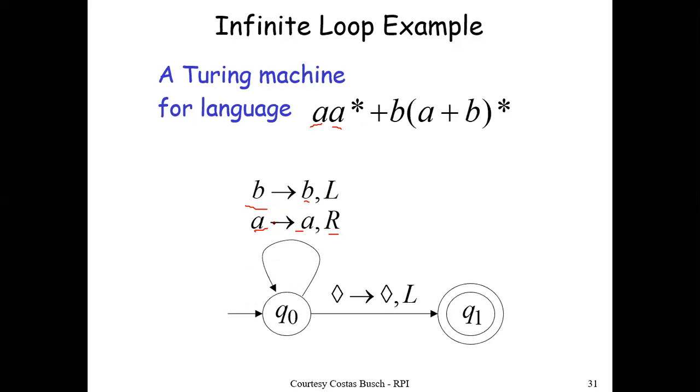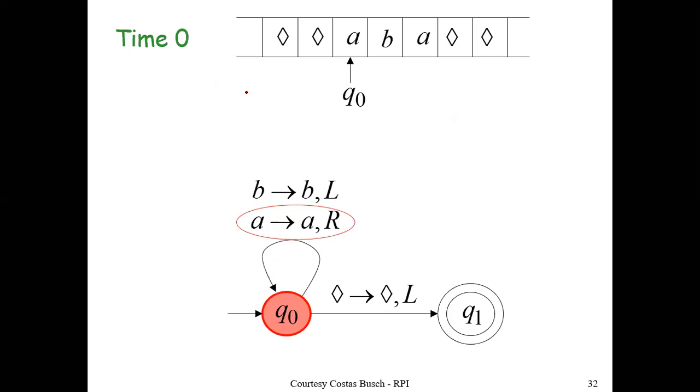Let's take an example. Here is ABA. Read A, write A, move right. Read B, write B, move left. Read A, write A, move right. Then read B, write B, move left. This is an infinite input.